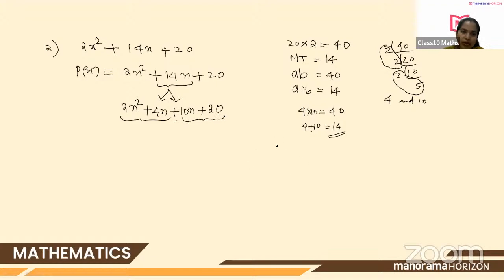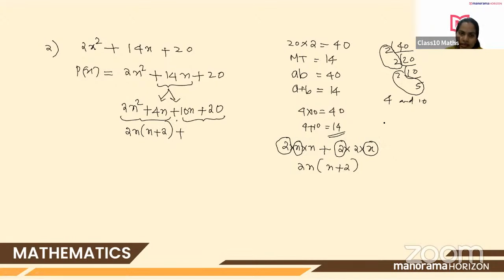First one is 2x square plus 4x. That is 2 into x into x plus 2 into x. So we can take 2 and x as common from both. That is 2x into x plus 2. So this can be written as 2x into x plus 2.